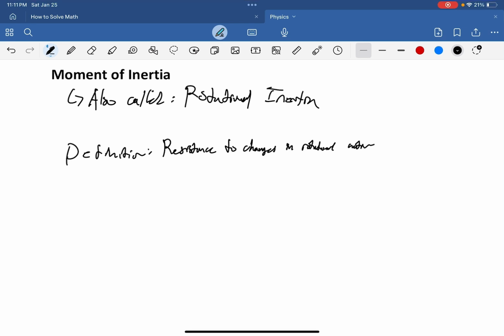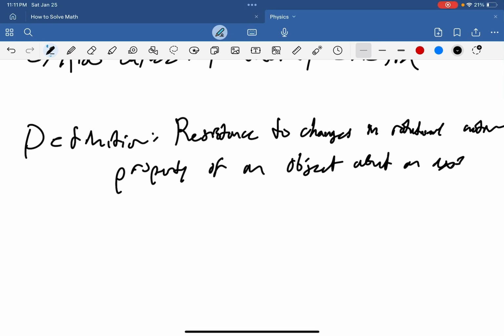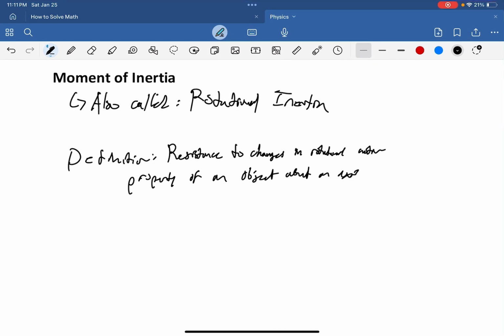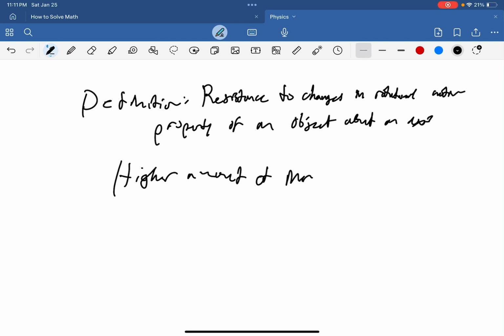It's a property of an object about an axis. I wrote this down from the board. I forgot what that meant in here. Maybe I'll remember later and I'll go back to it. But anyways, what this means is that a higher amount of inertia equals harder to rotate.